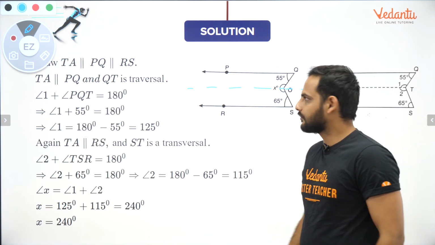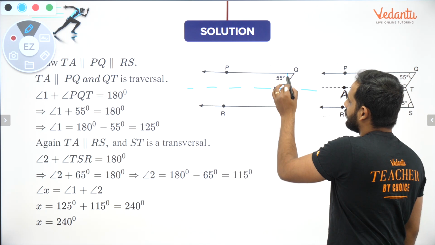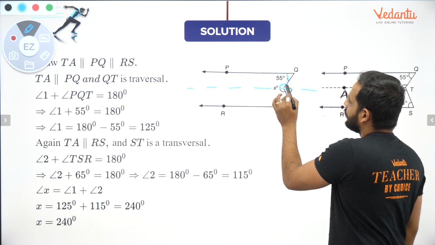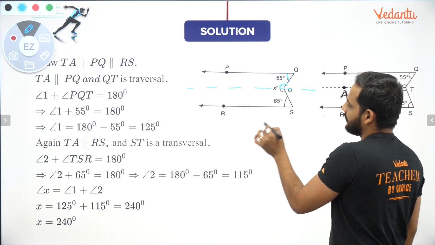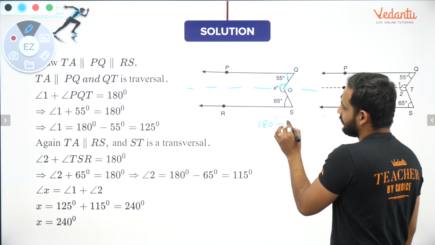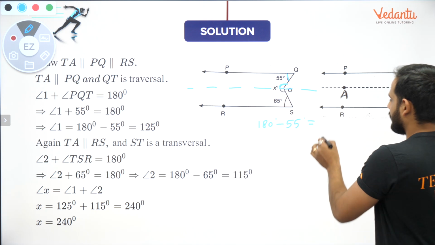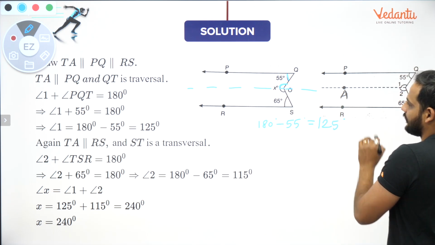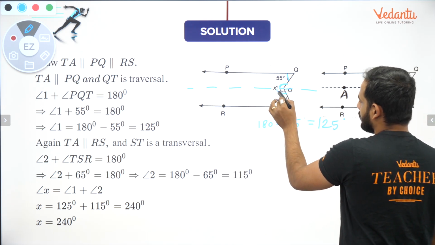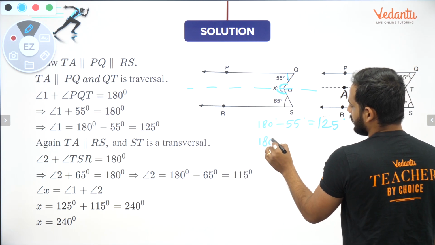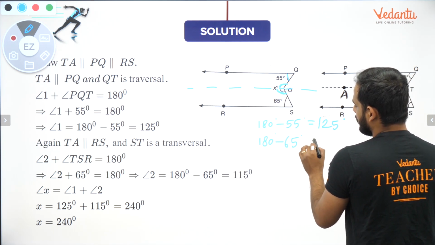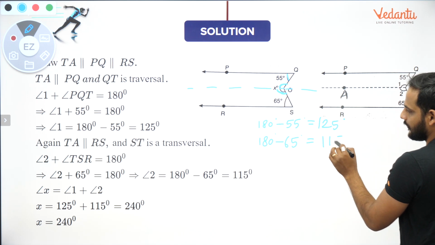Now if it is true, bachcho, I can say if it is 55, the top part will be equal to 180 minus 55. 180 minus 55 is equal to what? 125 degrees. The top part is 125 degrees. Now here, the bottom part will be 180 minus 65 degrees. 180 minus 65 degrees is 115 degrees.